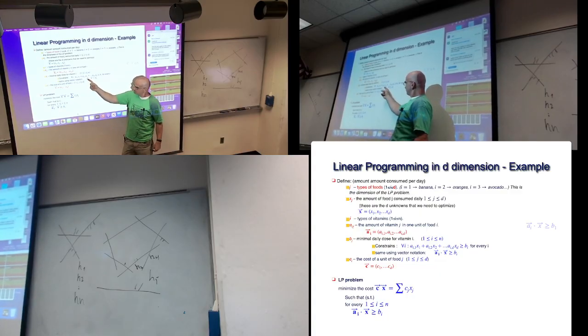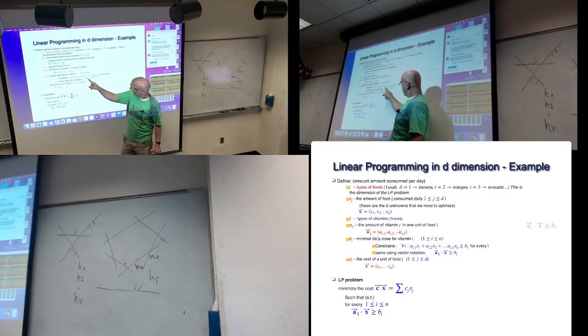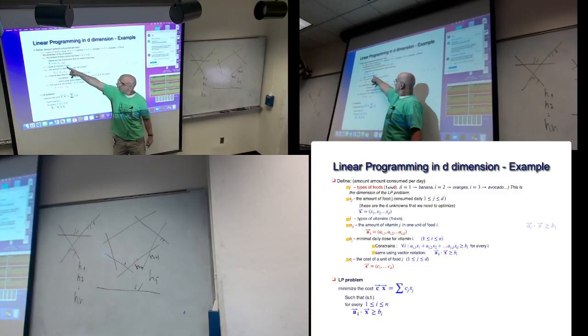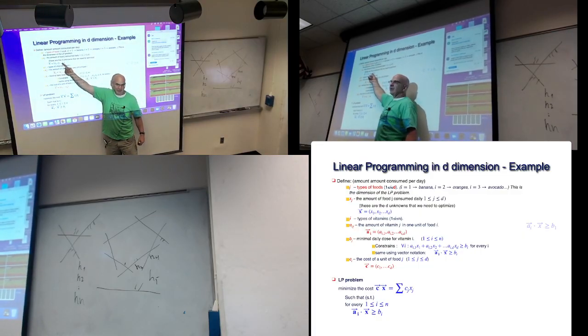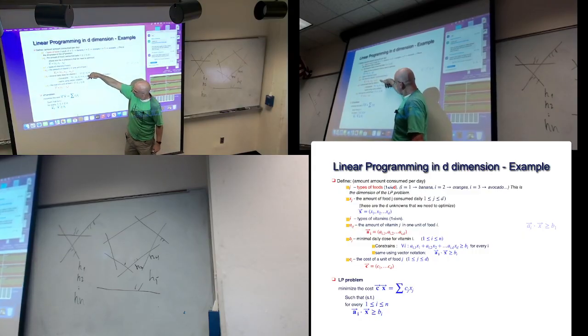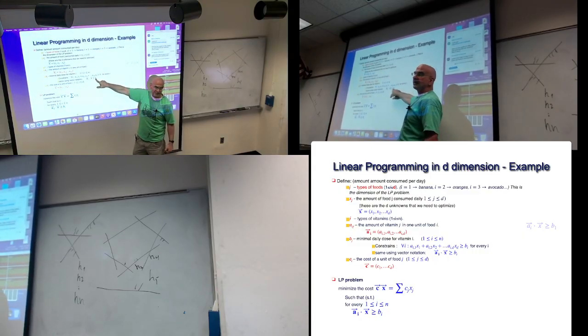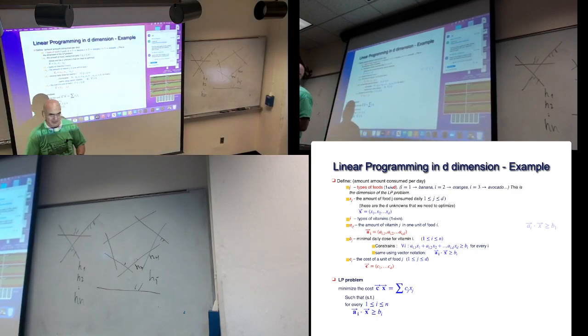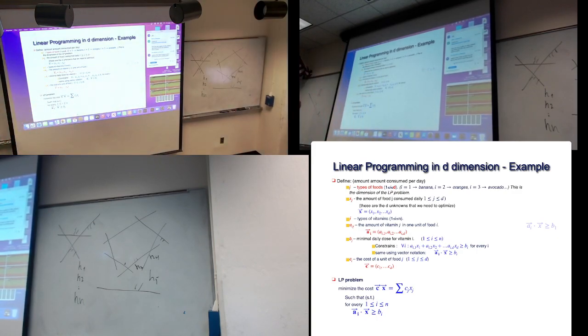Take this vector of constants times the vector x that we are trying to find, x1, x2, dot, dot, dot, xd, how many units of each food I am going to eat, how many oranges, how many bananas, how many avocados. Take the dot product, and it must be at least b_i. You must get enough of each one of the vitamins.